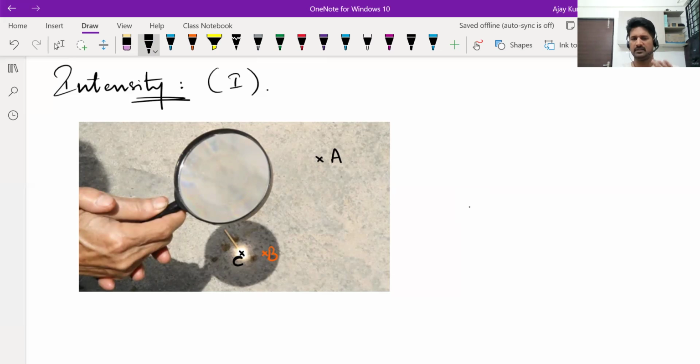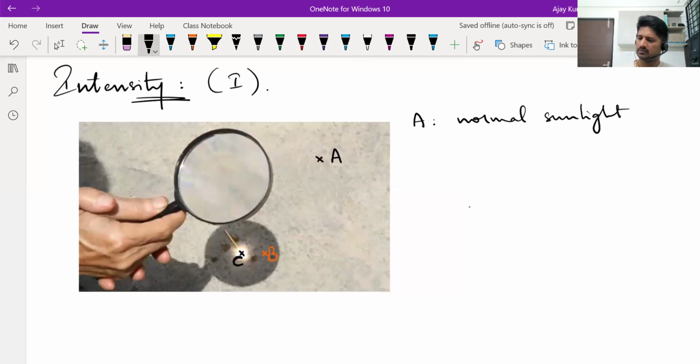You can see there is light falling on that surface. So had sunlight fallen on that surface normally, the brightness would be as much as you see at point A. The brightness at A is the normal brightness that you get.